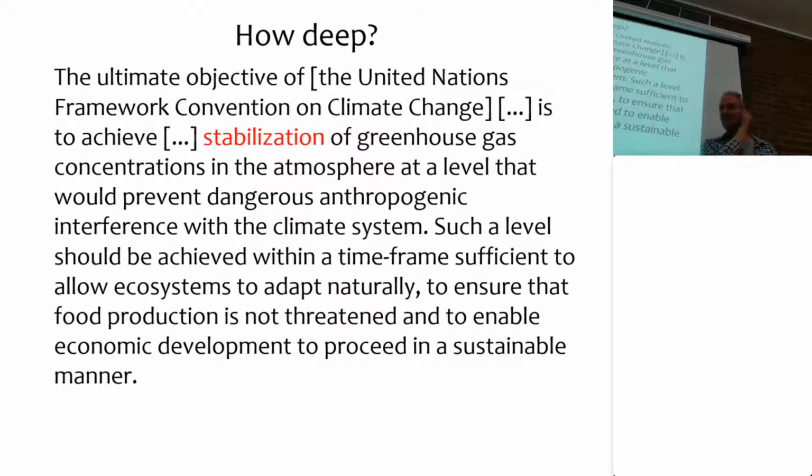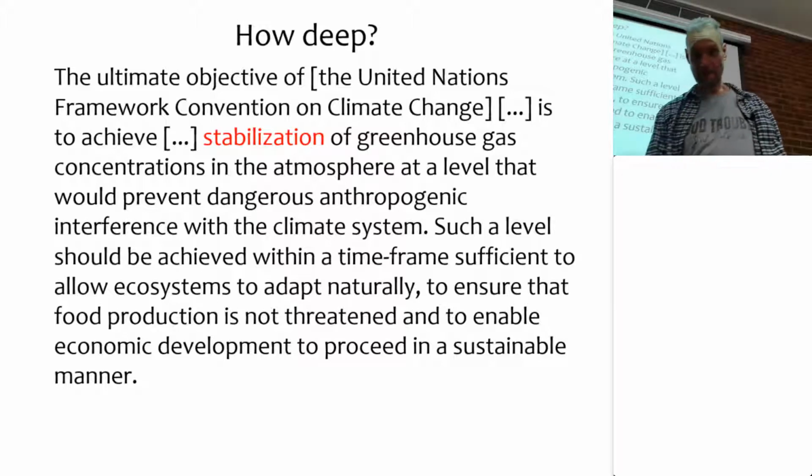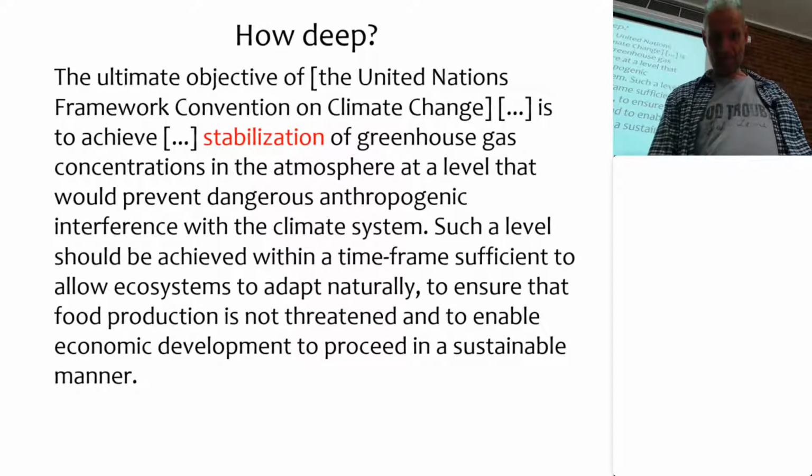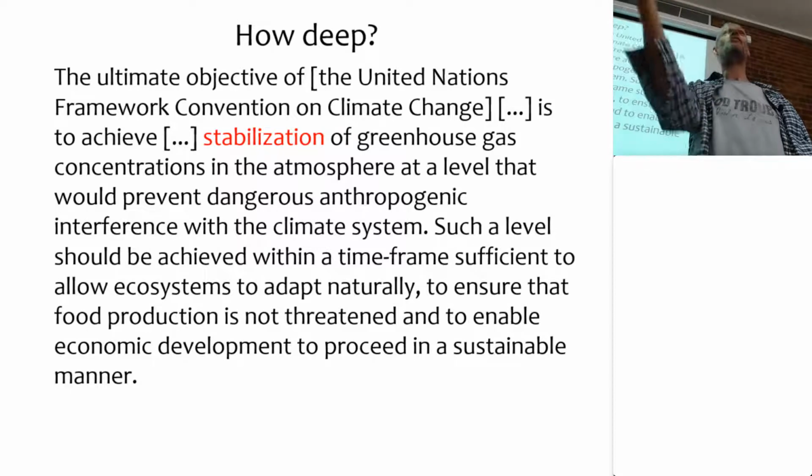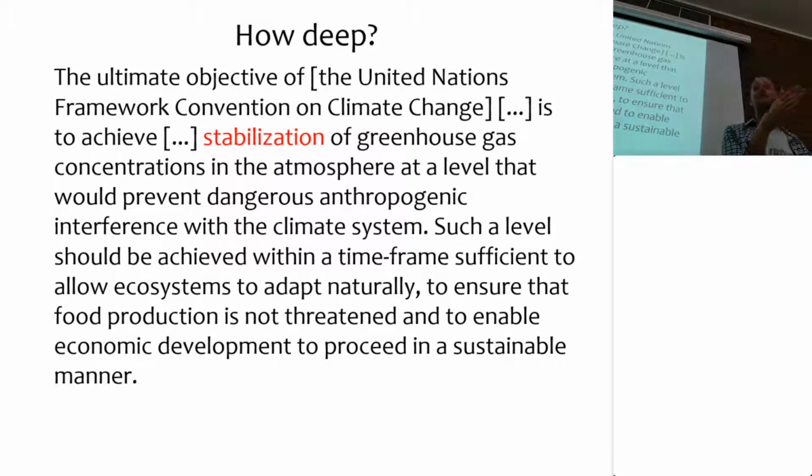But since 1992, the goal of climate policy, internationally agreed and legally binding, has been to drive CO2 emissions to 0. Still, there is no agreement on when we should hit 0. Should we hit 0 in 2030 or should we hit 0 in 2300, right?